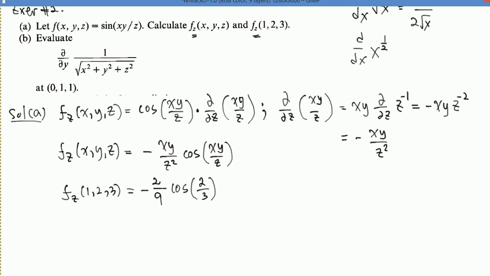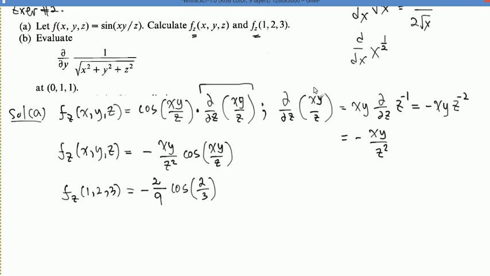Let's compare our answer for part A. So first you differentiate this whole thing as a sine of something, so it's obviously cosine of that same stuff in there, right? And multiply by the derivative of the inside, which I couldn't do right away, so I wrote it like this. That's supposed to be the partial derivative with respect to z of that one there.